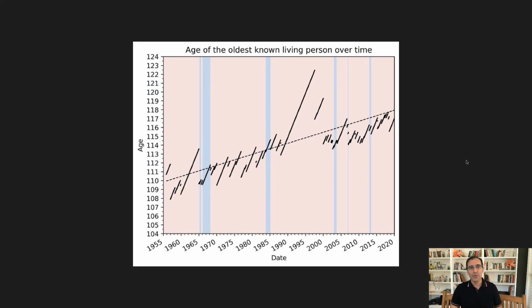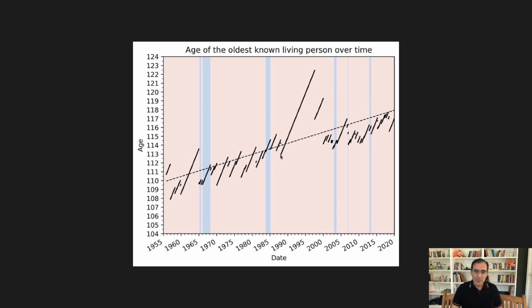It's again another beautiful chart. It shows you the age of the oldest living person at any point in time. The pink means the oldest living person at that point in time is a lady, and blue means a man. Here's the female, and as you can notice, females are living much longer on average, and also at the extreme.